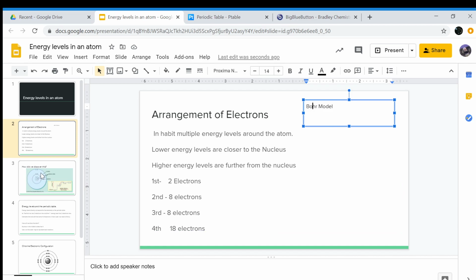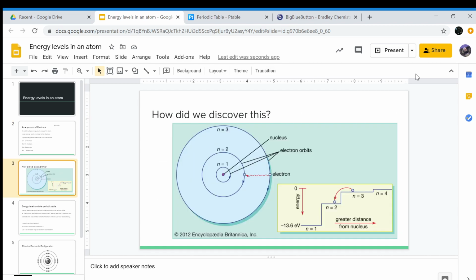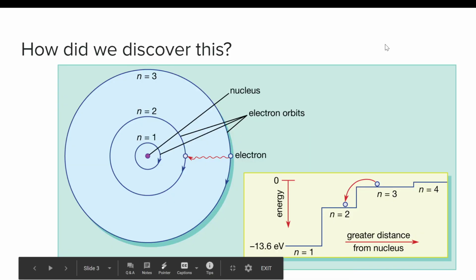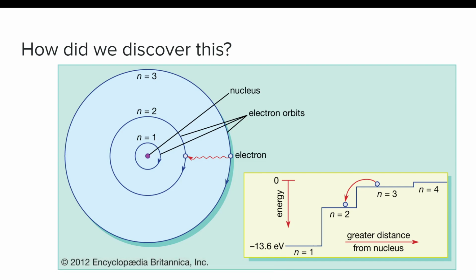And what's going on here is that Bohr ended up explaining, though it was actually discovered much earlier than Bohr, that we would end up getting specific wavelengths of light. And that light was being produced by electrons moving up and down energy levels.